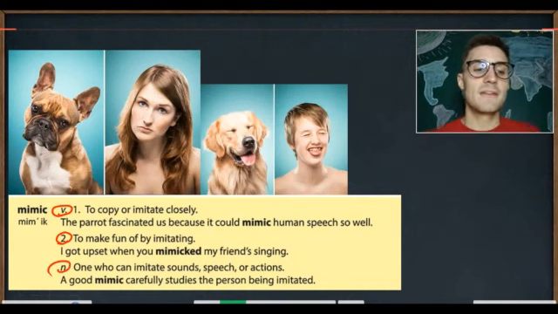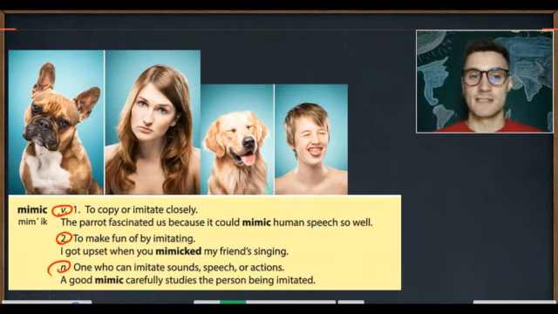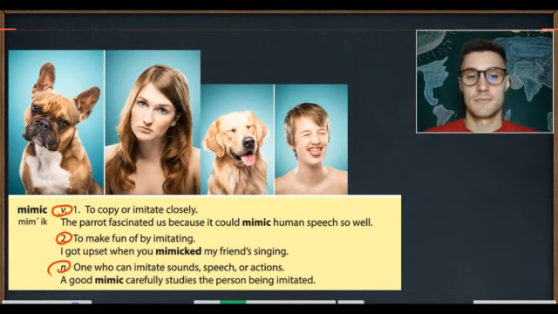The noun meaning for mimic is the name of one who can imitate sound, speech, or actions. So someone who can very closely imitate sounds, speech, or actions, they are a mimic. We call them a mimic.